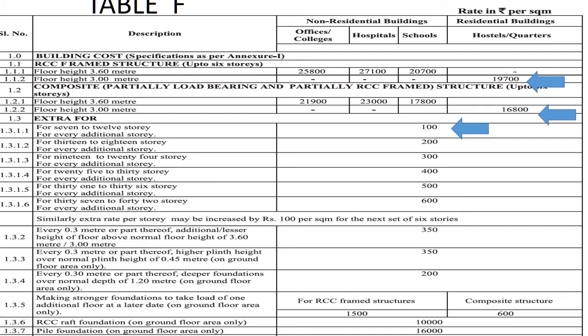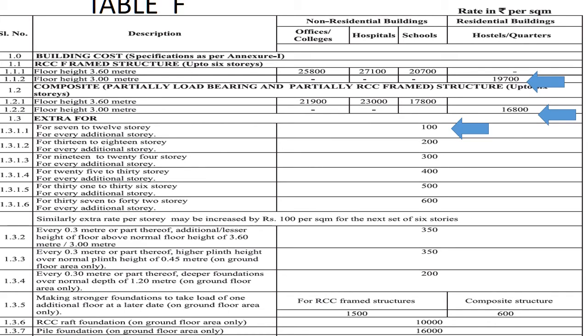Here is another change from the previous 2019 plinth area rate. The first rate was for up to 6 stories, and then an addition for 7 to 12 was 580 for each floor.